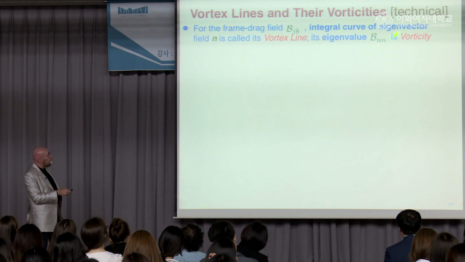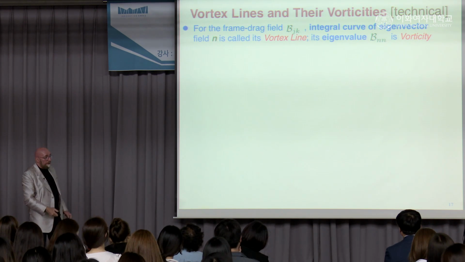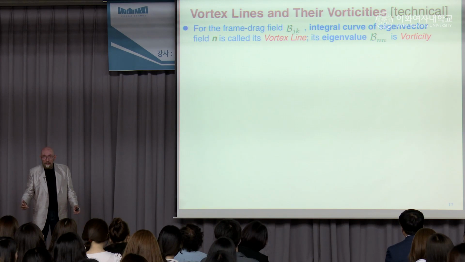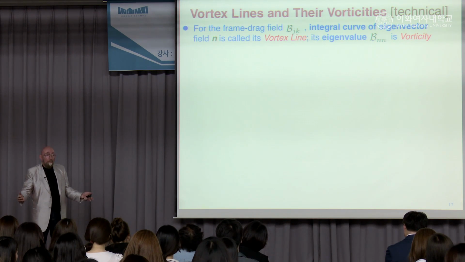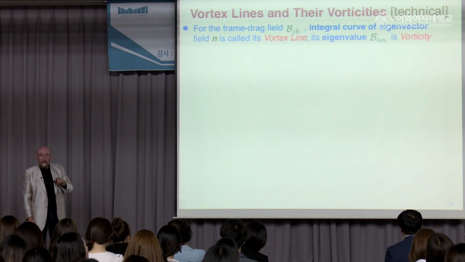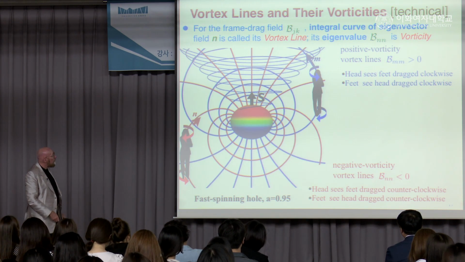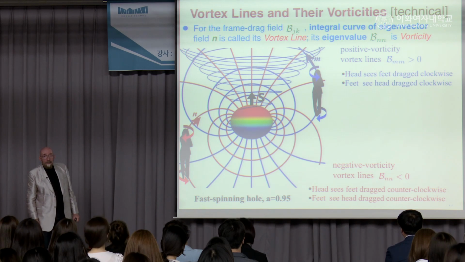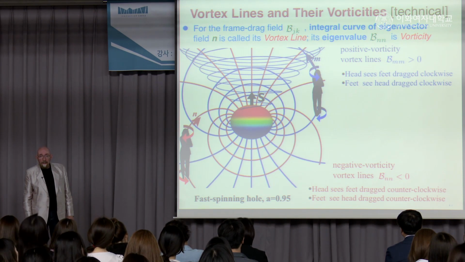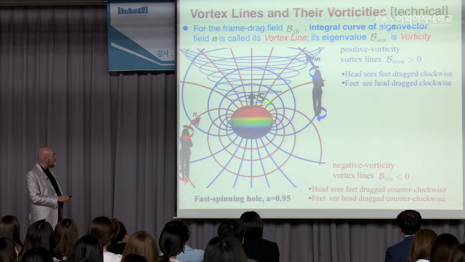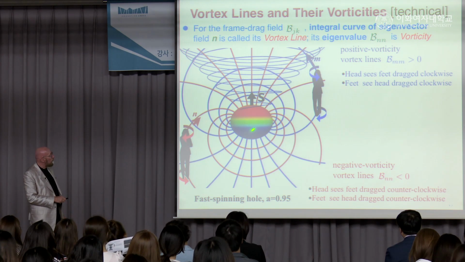And the eigenvalues are the vorticity. So that's the mathematical basis, which is much more complicated than I would like to describe, but I would like you to know what the underpinning for this is. So these are field lines, the analog of magnetic field lines. They're the vortex lines around a spinning black hole.